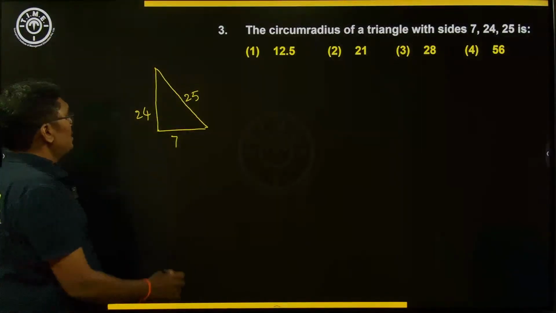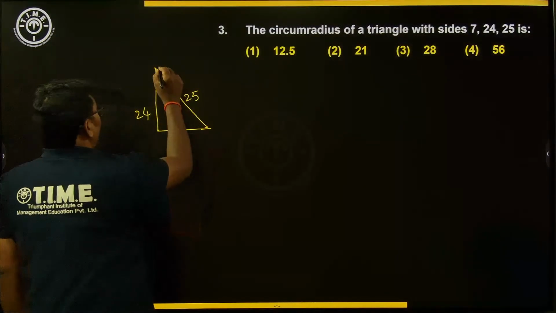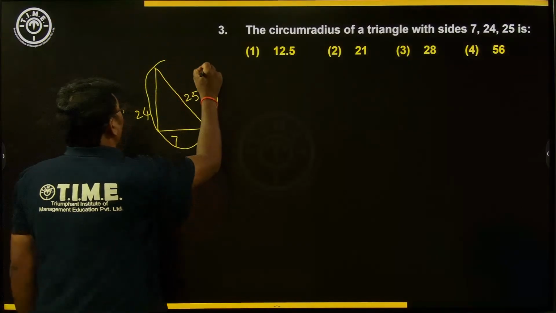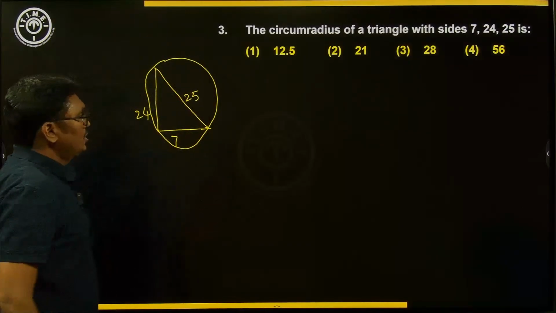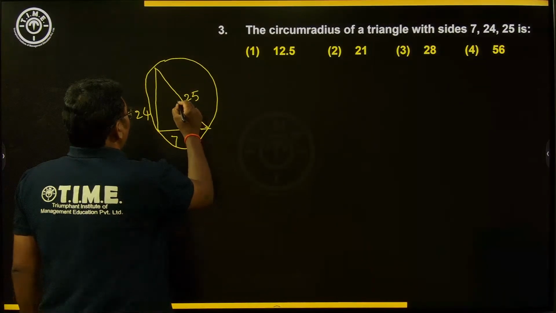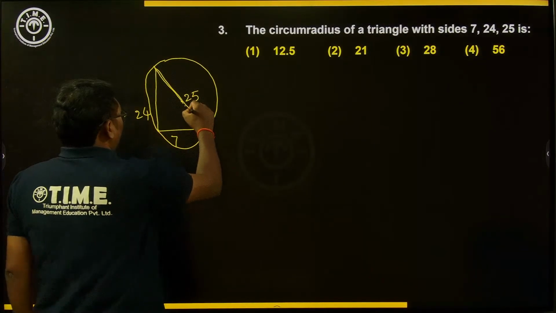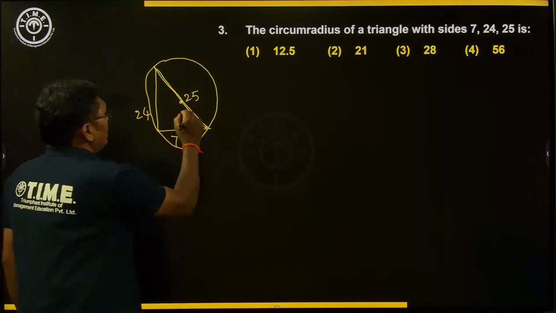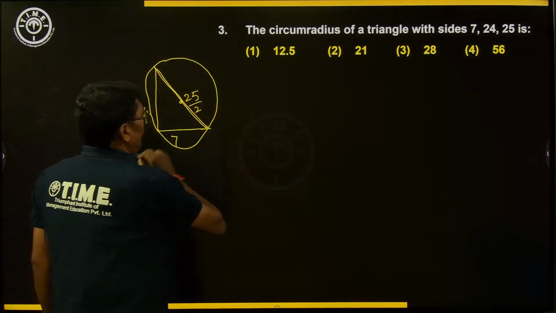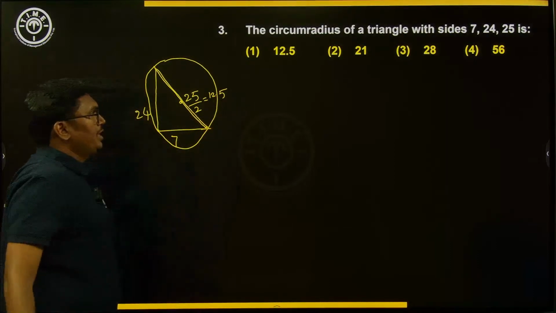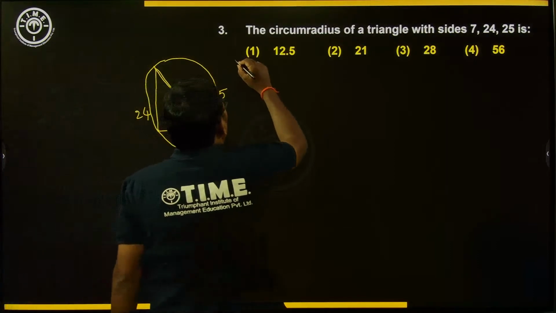Circumcircle means it should be passing through all the vertices of the triangle. So this is the circumcircle. And what is the circumradius? This is the diameter of the circle, so circumradius means half of this. So 25 by 2, that means 12.5. Okay, so choice 1.